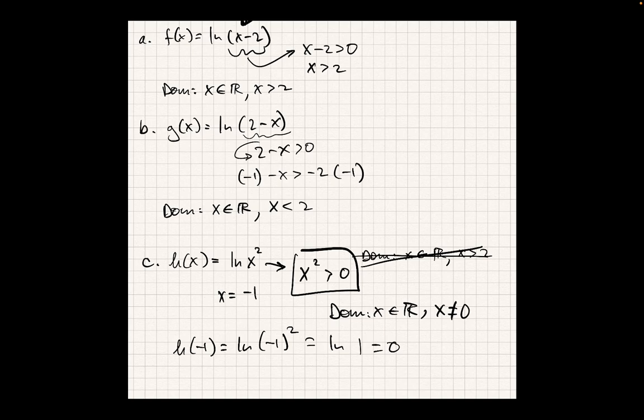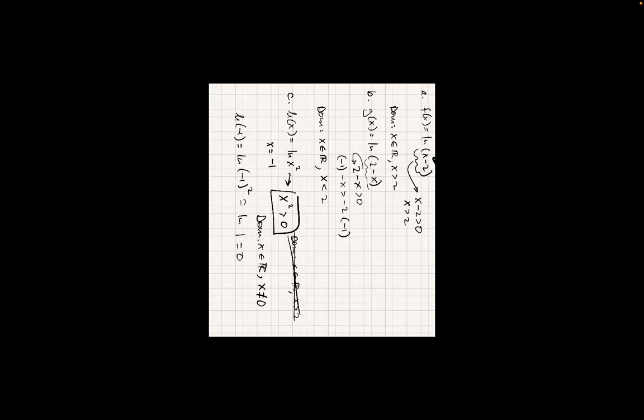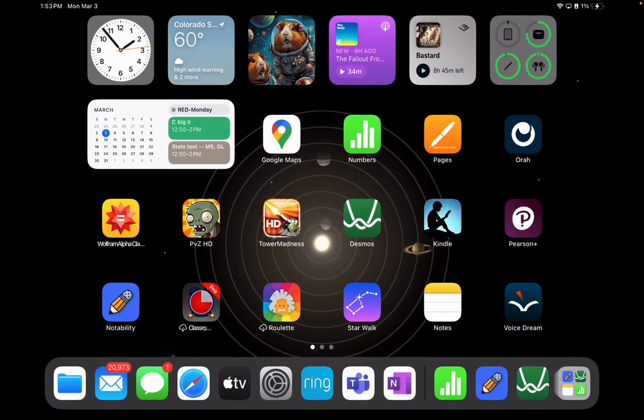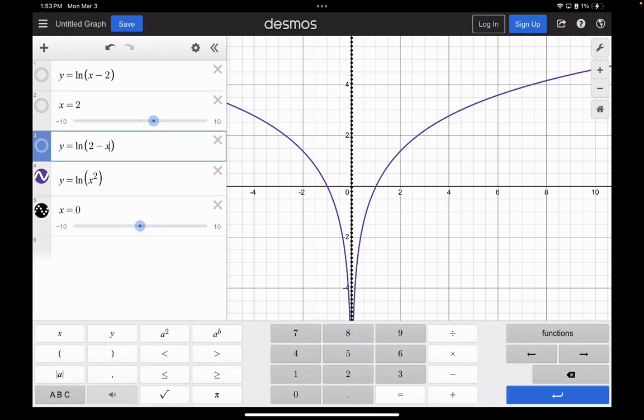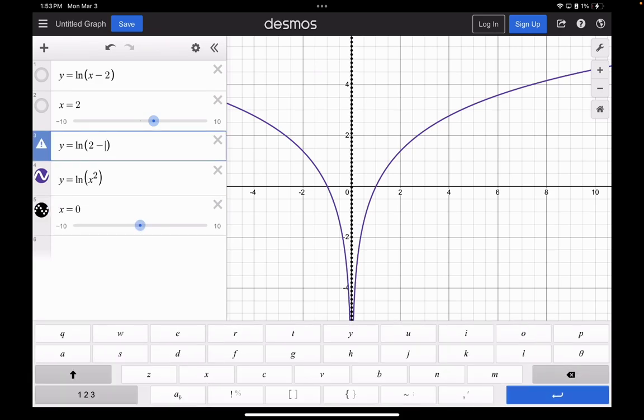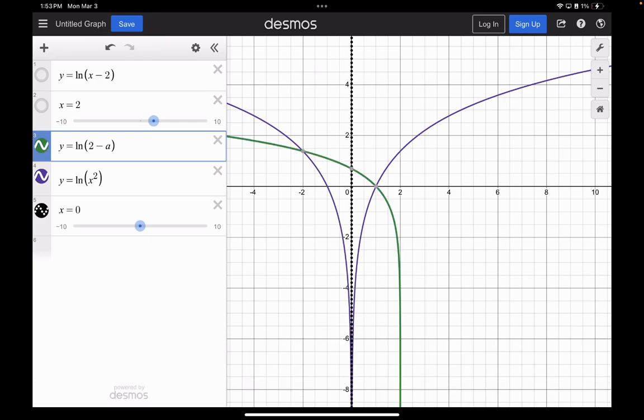So if you had 1 minus x, let's see what then happens on the graph. Let's do 2 minus x, but let's not do x. Let's do a slider. I'll just say variable a.